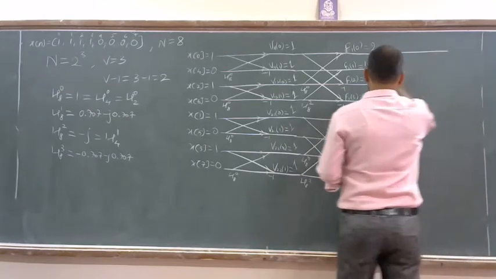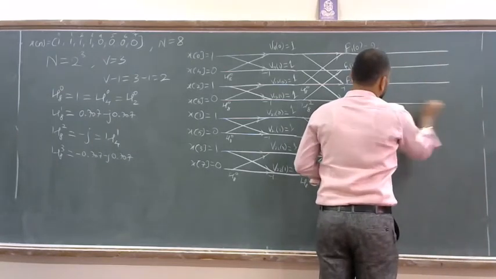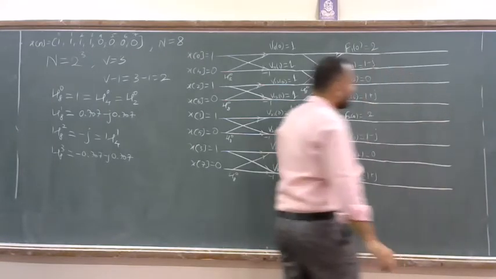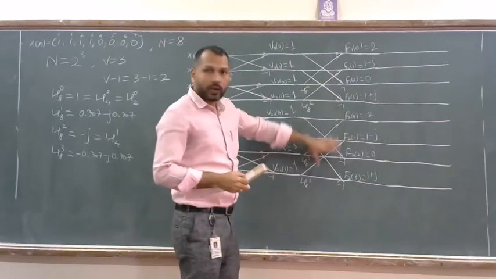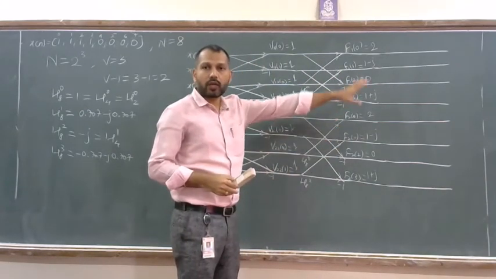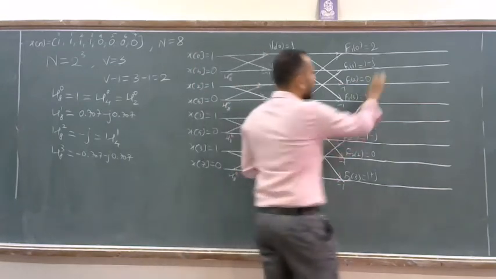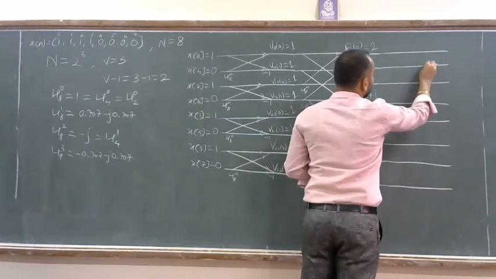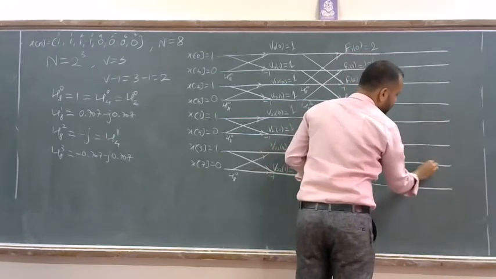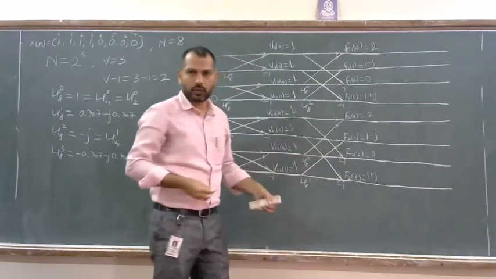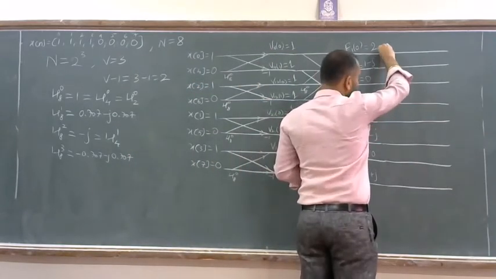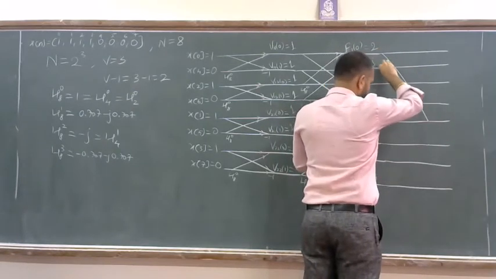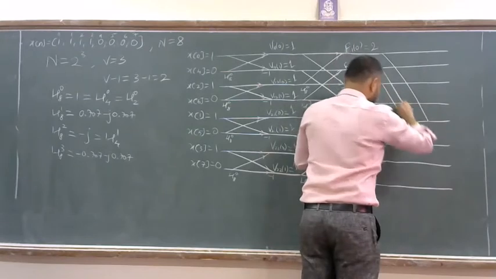In the last stage, these two 4-point DFTs will be combined to obtain one 8-point DFT. Okay. Now let us draw the butterfly structures. And in the last stage, all the butterfly structures will be combined. Okay. So F1 of 0 will be connected to F2 of 0 and likewise.